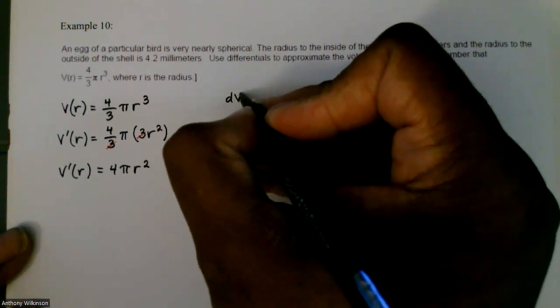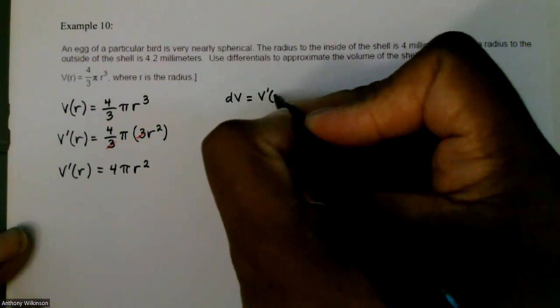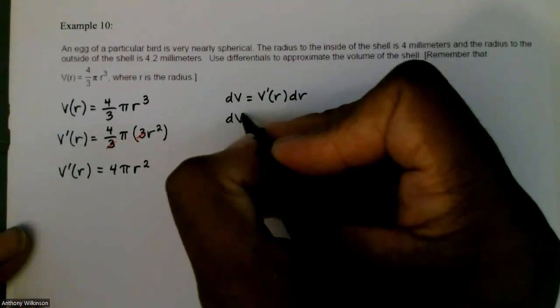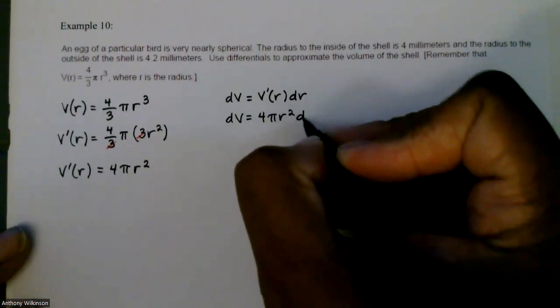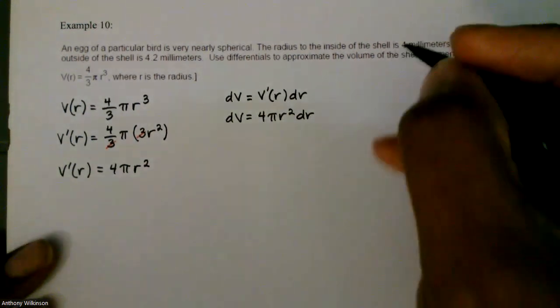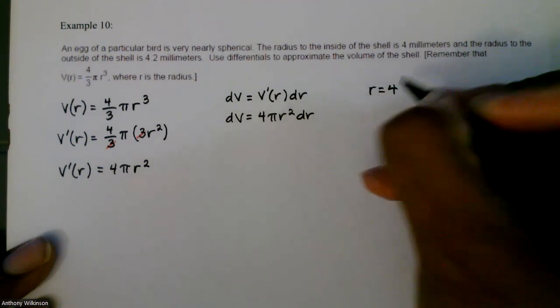So that means for my differential, dV will be equal to V prime of r times dr. V prime of r, I found that out to be 4 pi r squared. Then we tack on the dr. That's my differential here. Okay, so now we're going to approximate the volume of the shell. We have a radius of 4.